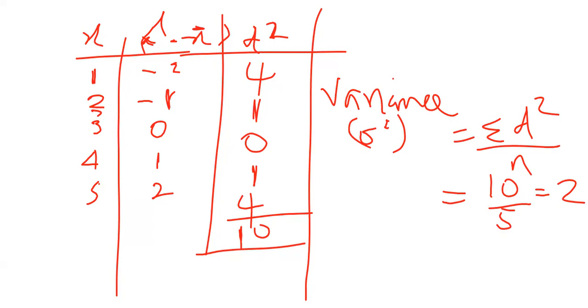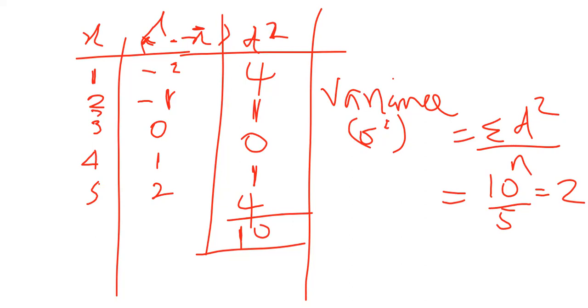Remember, there's no frequency here. It's just a single set of numbers. That's why the formula looks very small. When you are using an actual mean, the formula is always small. When it comes to assumed mean, the formula looks lengthy, but we'll come back to that. But for now, this is the single set of numbers.